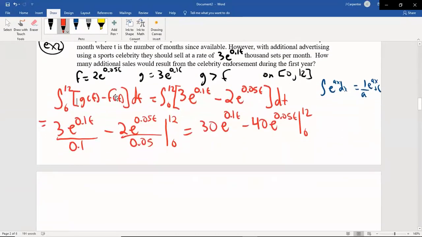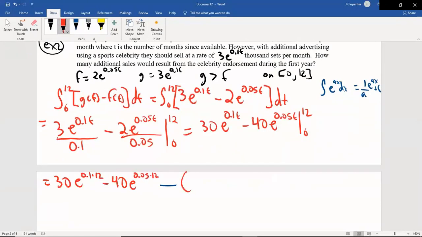Now let's do the evaluations. Let's plug in the 12 first. So 30 e to the 0.1 times 12 minus 40 e to the 0.05 times 12. That was us plugging in the upper limit, so minus. Now let's plug in the lower limit.